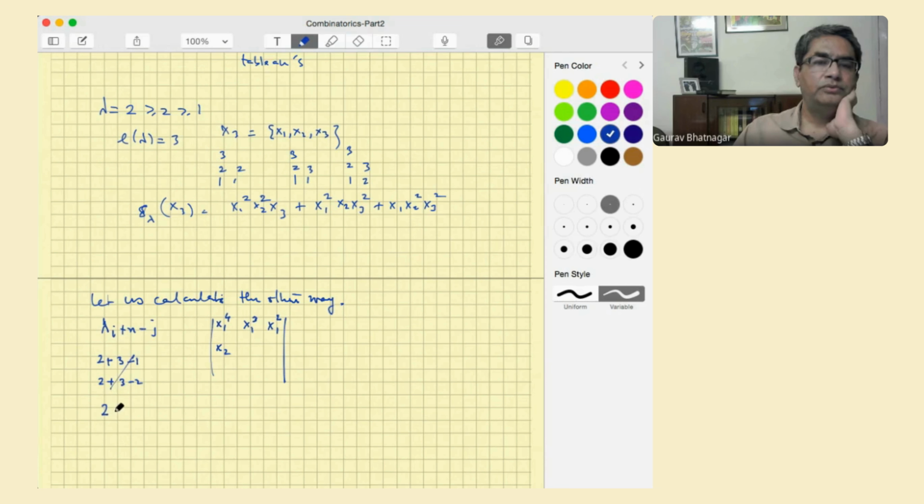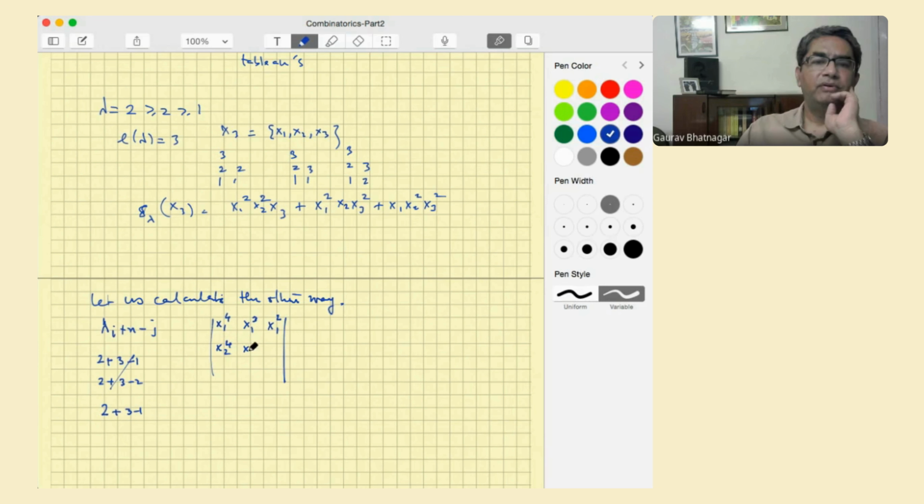So lambda_i is 2 plus n minus j. N minus j, n is 3, minus 1. Oh, there's something wrong here, isn't it? Yeah, there's nothing wrong.